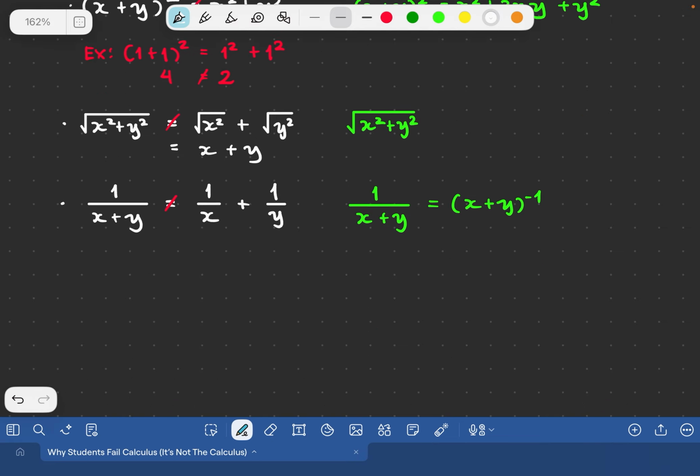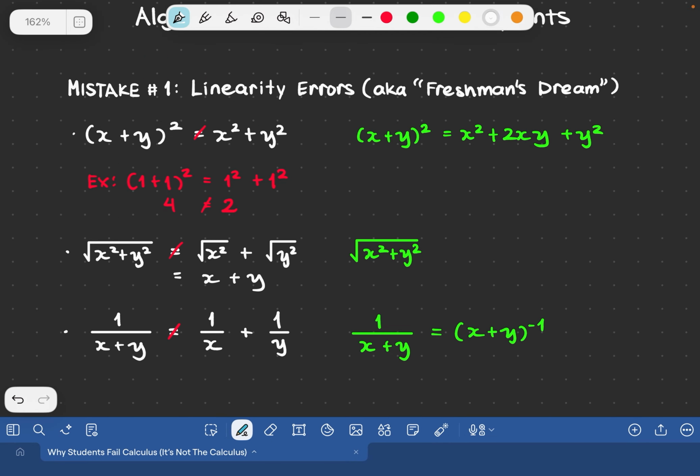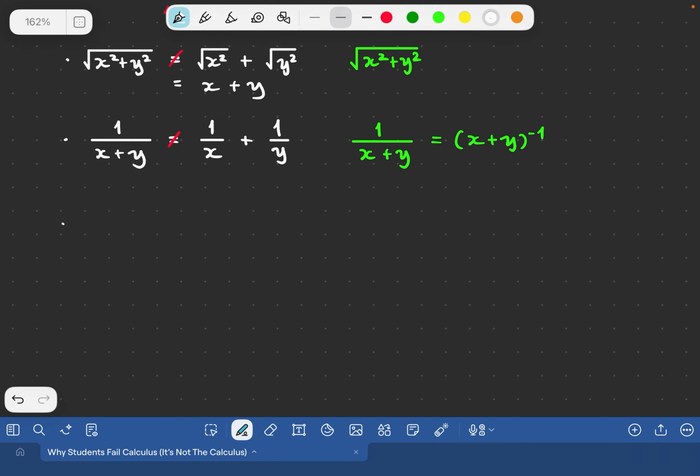Another example. I have plenty of examples for this one, since this is really one of the most common mistakes that I personally see. So we have here ln of x plus y. A common error here is to split this to be ln of x plus ln of y. This one is incorrect.